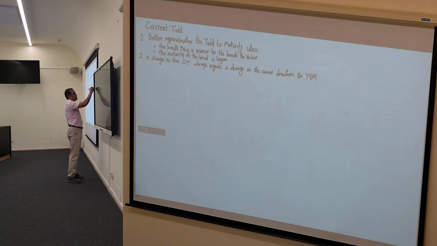So why are these characteristics appearing here for the current yield? Because the current yield is equal to what?